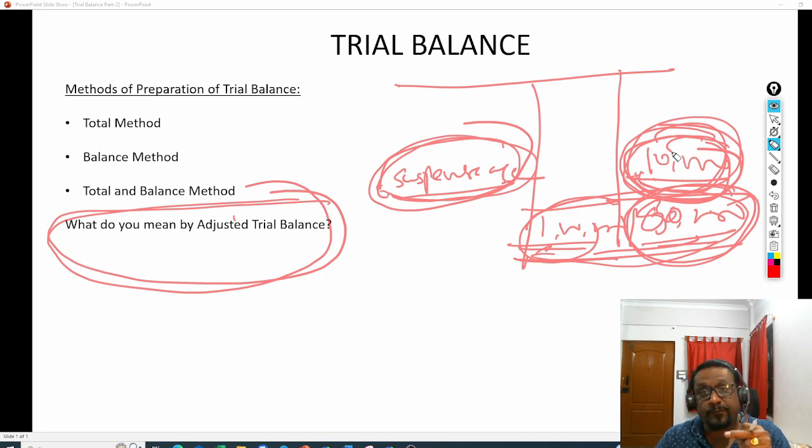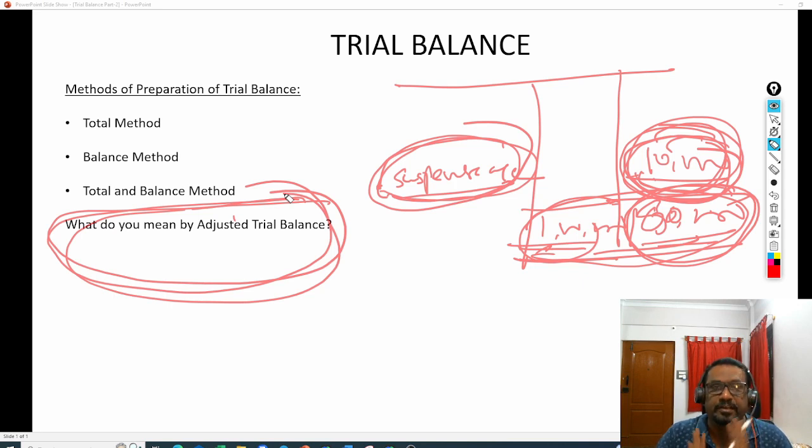You need to identify why there is a difference. How can I rectify this? Where did that mistake happen? You need to figure out that mistake, rectify your books of accounts. That is the responsibility of an accountant. But for time being, you ensure the trial balance is tallied and you are calling it adjusted trial balance because there is a difference. Clear?